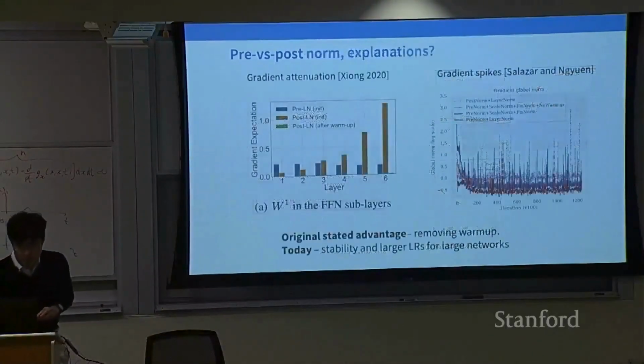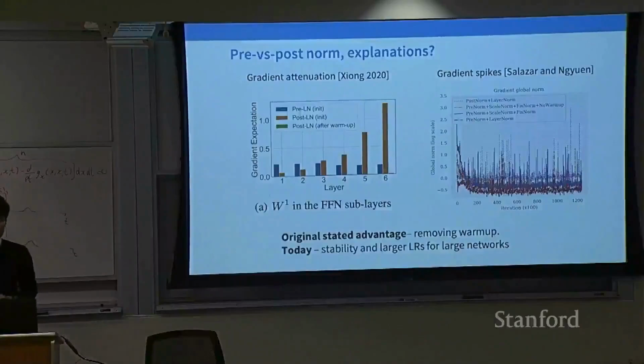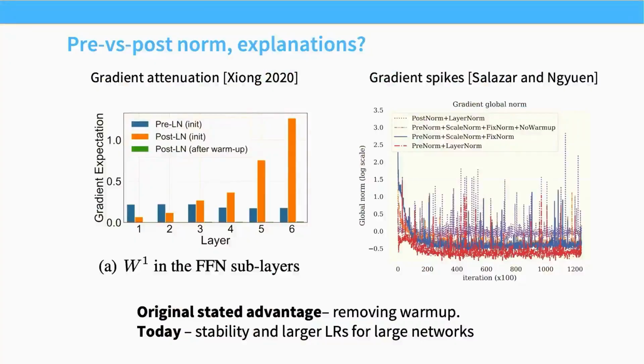But what people quickly realized is that moving the layer norms outside the residual stream has some pretty important implications as you make your network deeper and as you start to grapple with stability issues. To me, the gradient attenuation issues are the most clear.